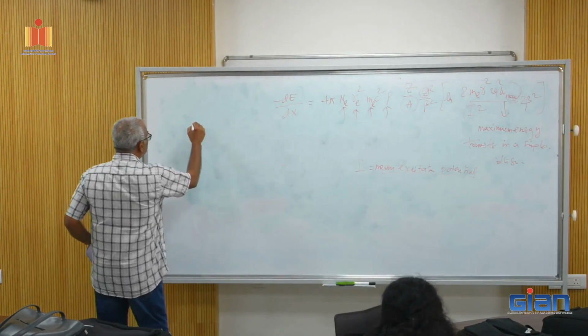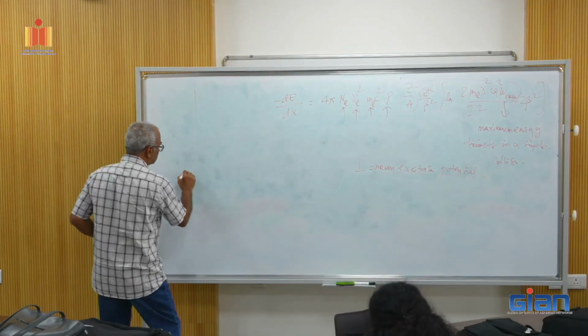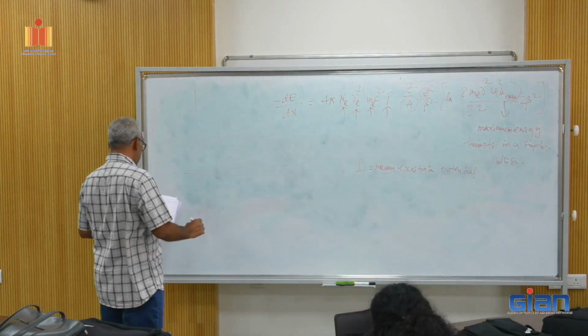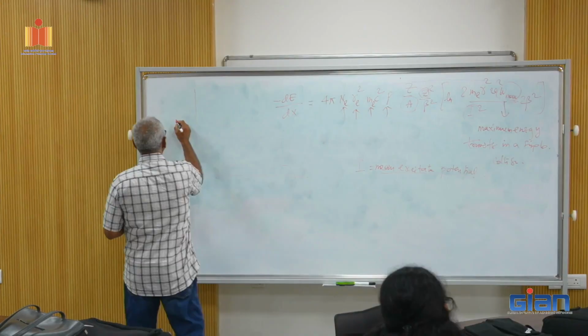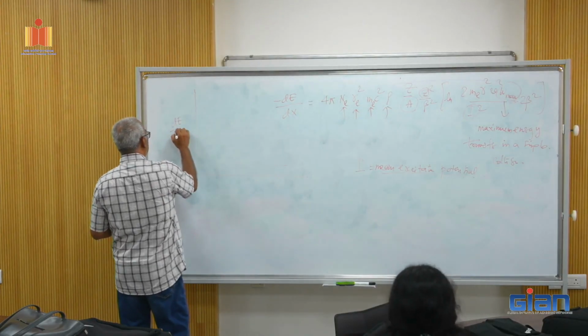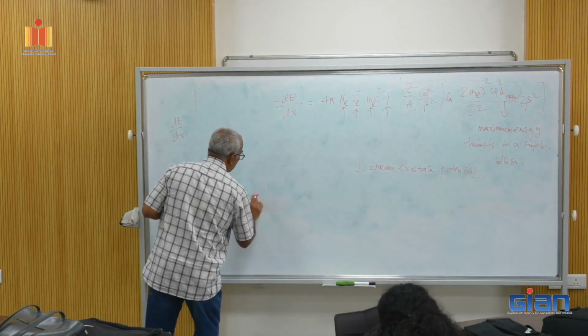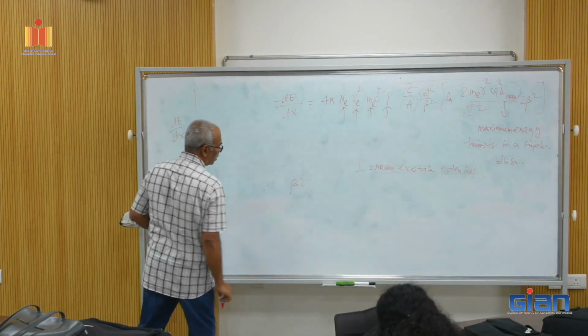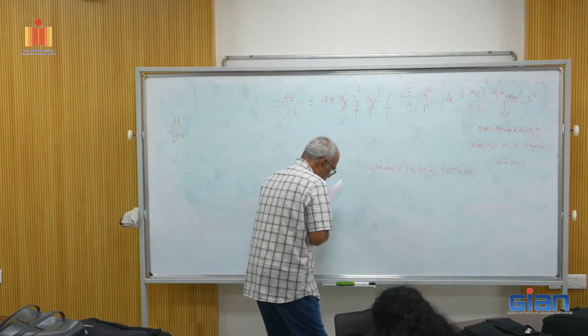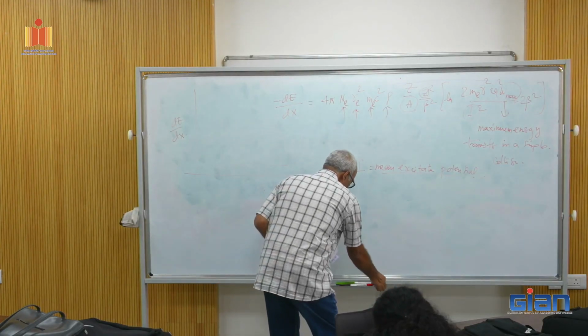So if you plot dE over dx versus, let's say, beta gamma, there are 4 processes.